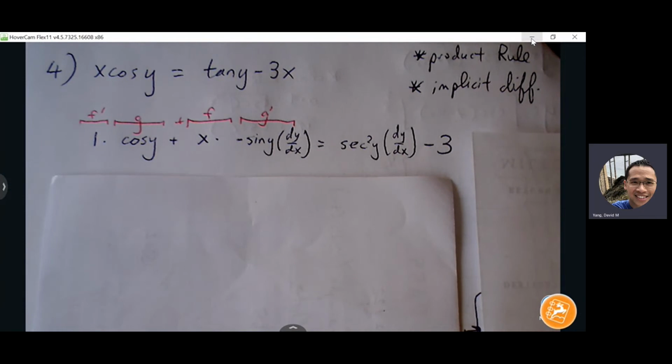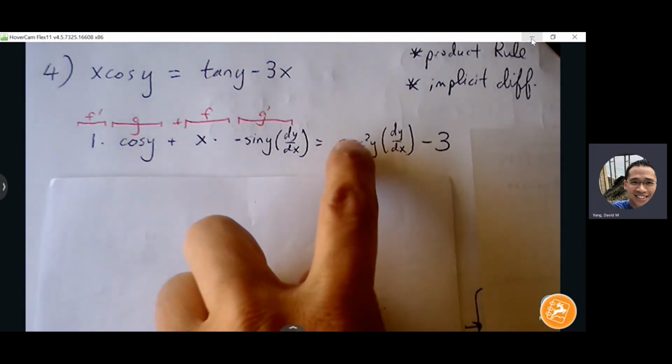Everything after that, you're just adding, subtracting, trying to get that dy dx by itself. So the derivative of tangent is secant squared u times u prime.